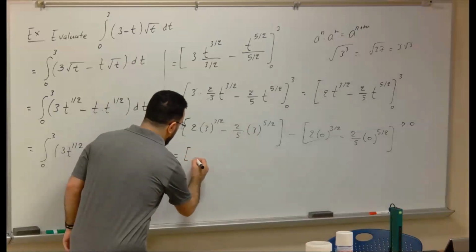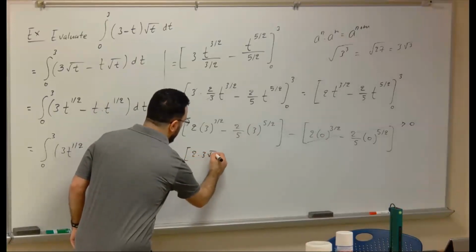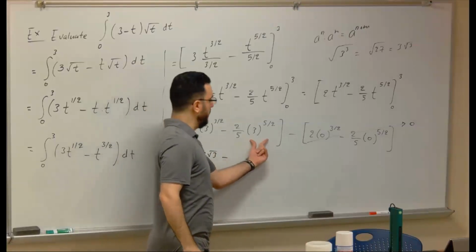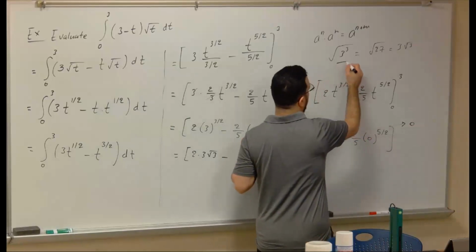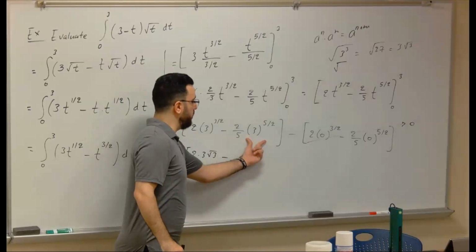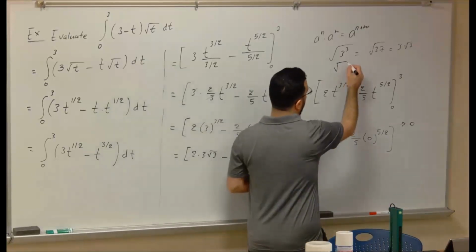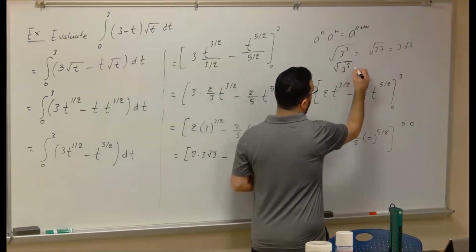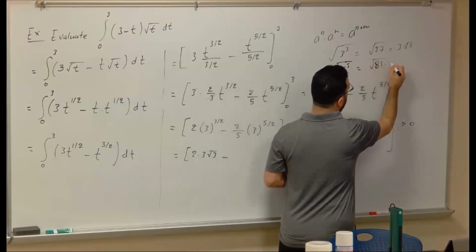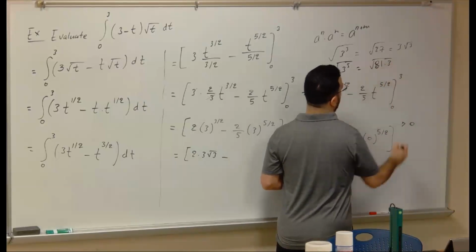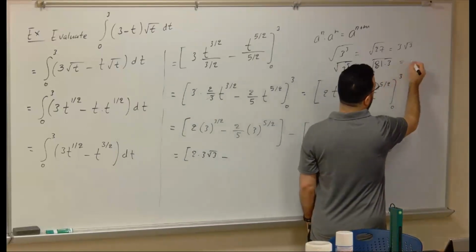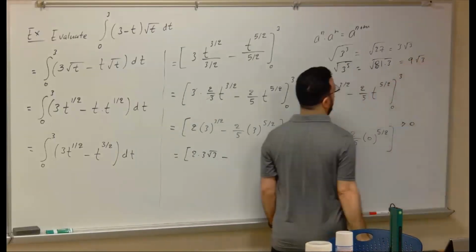That means it's going to be 2 times 3 square root of 3 minus, can we do the same thing here? This one is the square root of 3 to the power of 5, which means the square root of 81 times 3. The square root of 81 is 9, so 9 square root of 3.